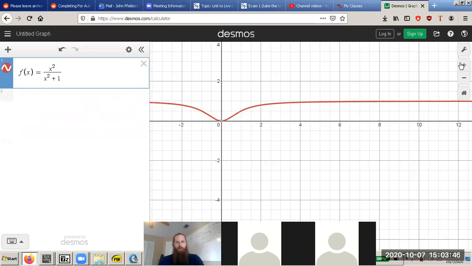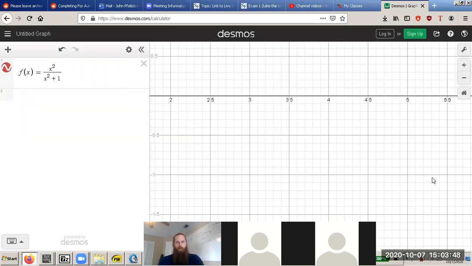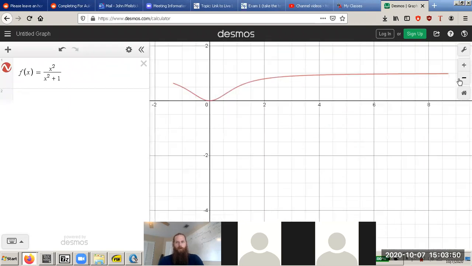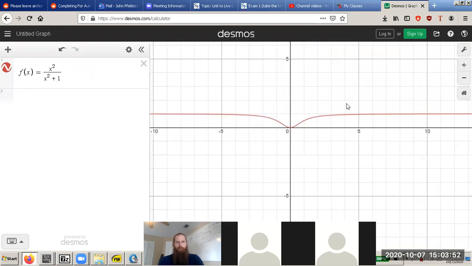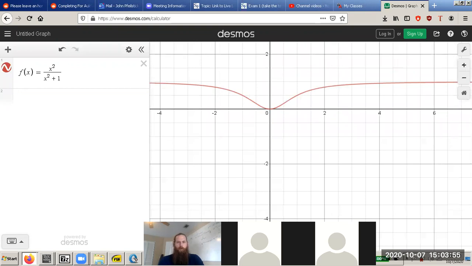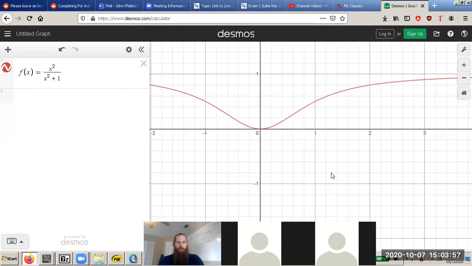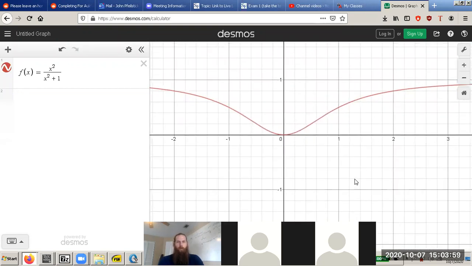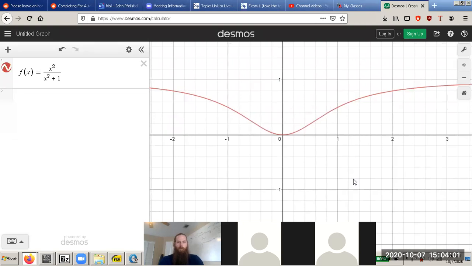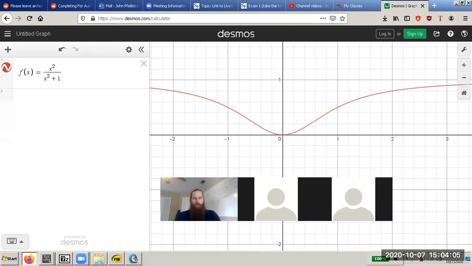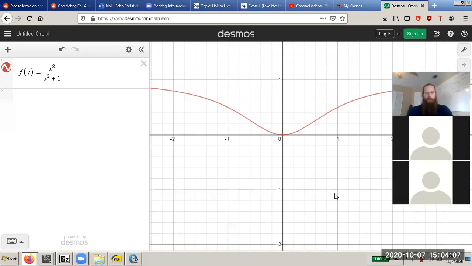So looking at this graph, can anybody tell me what they think the horizontal asymptote for this function is? Yeah, this one is y equals 1.